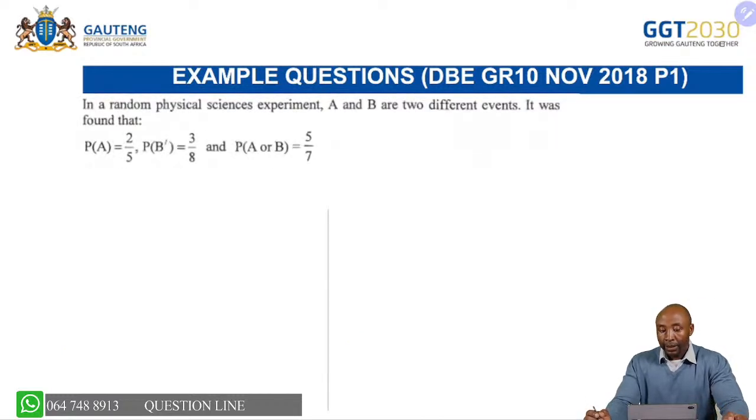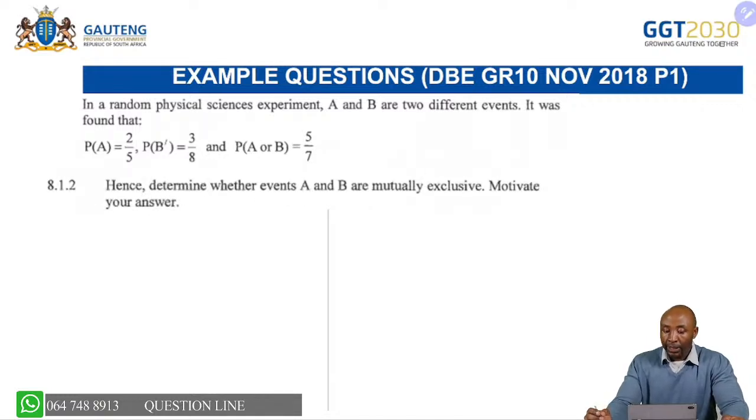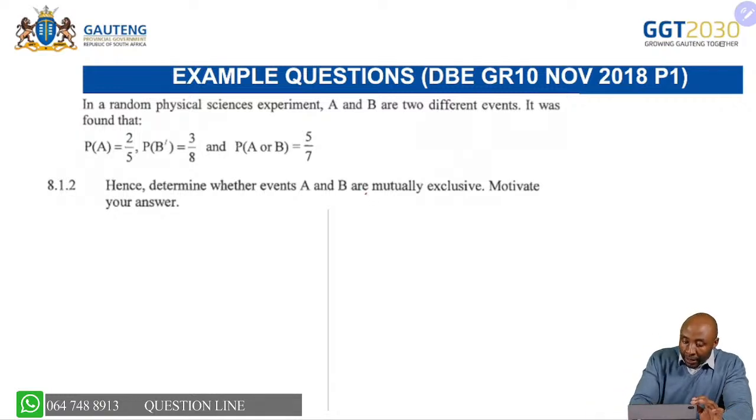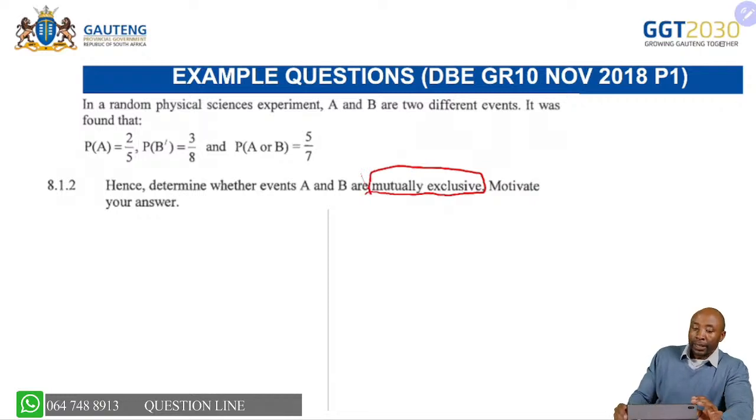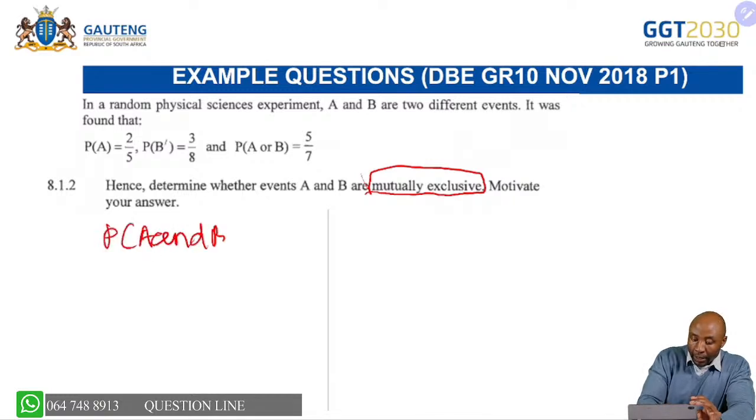It says, this information will be the same, hence determine whether events A and B are, I will underline, mutually exclusive. Remember, for mutually exclusive events, we said the condition P, A, and B must be equal to 0.